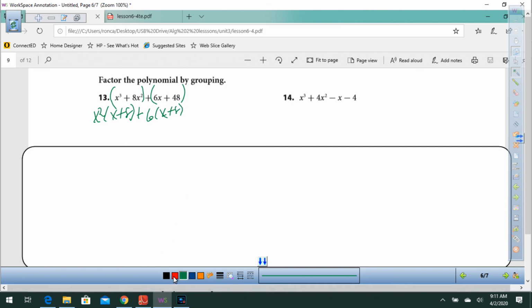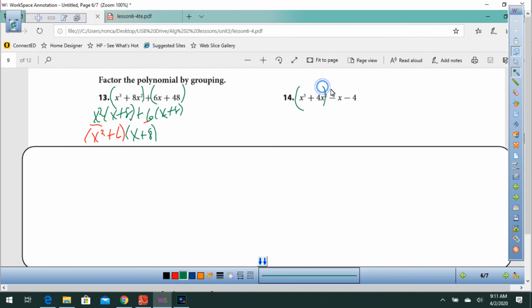So now x squared and 6, that becomes x squared plus 6. And then since this is both, that is x plus 8. All right. And what we have just done is reverse the distributive property. That's right, folks. We have reversed the distributive property.